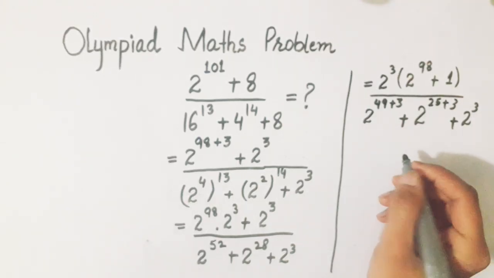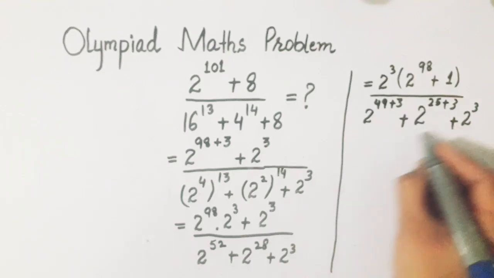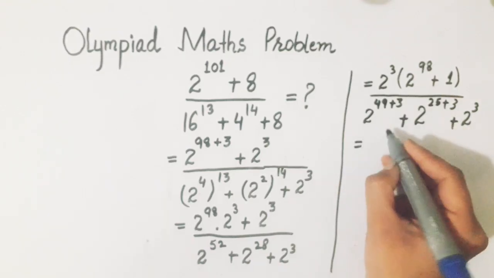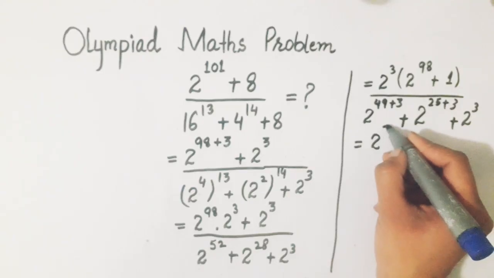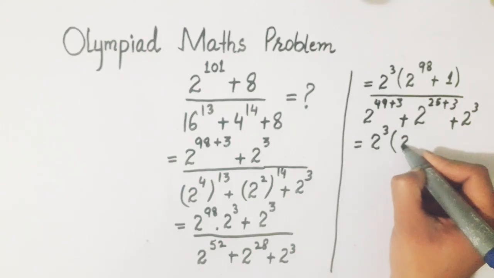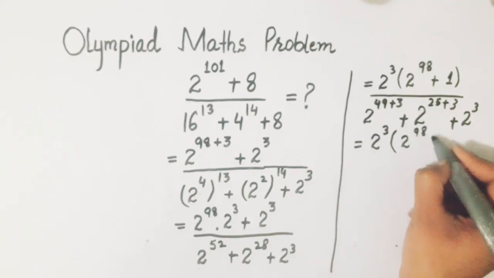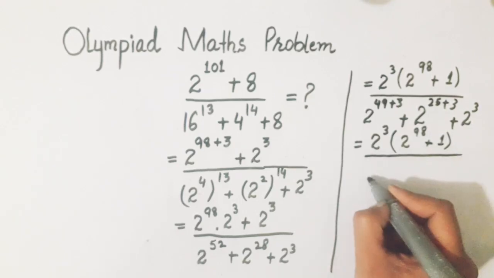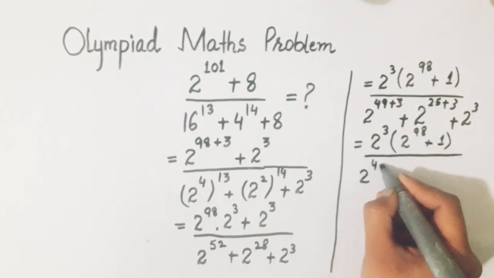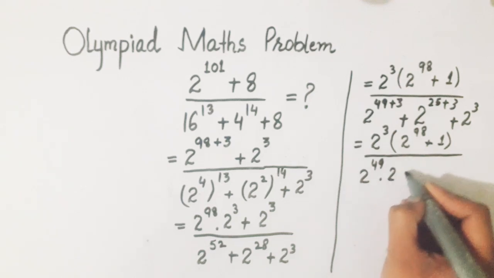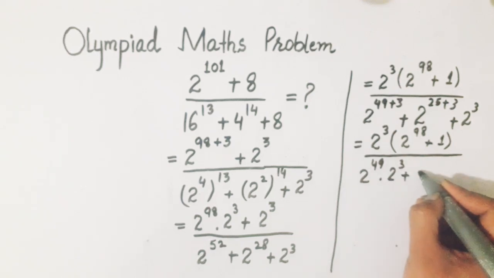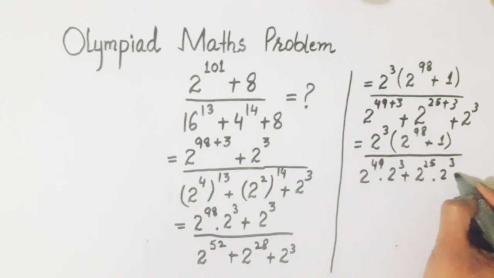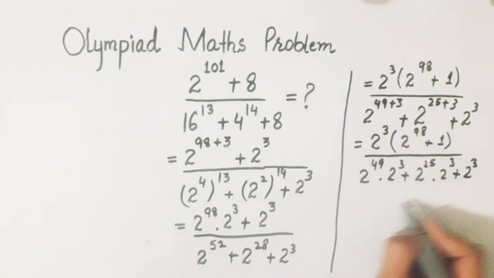Now in the denominator we will also take 2 raised to power 3 as common. For this purpose we will also split this power. So 2 raised to power 3 times (2 raised to power 98 plus 1), divided by 2 raised to power 49 into 2 raised to power 3 plus 2 raised to power 25 into 2 raised to power 3 plus 2 raised to power 3.